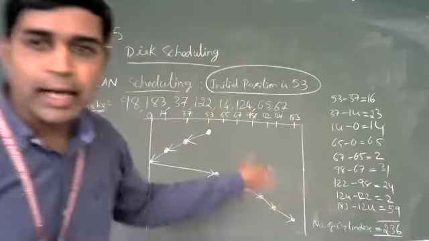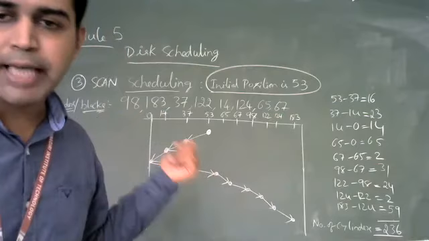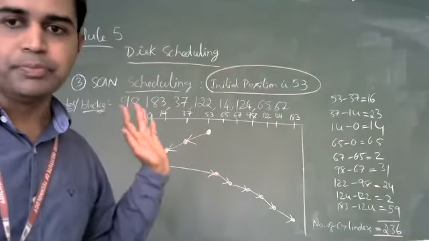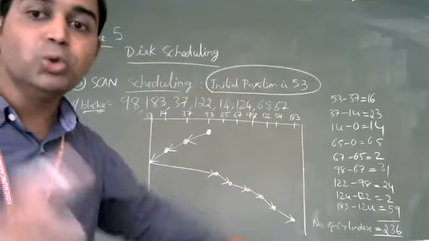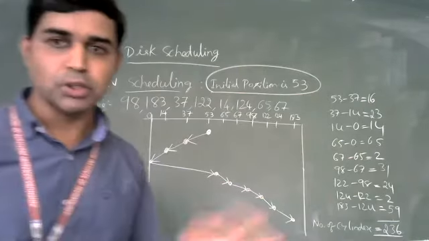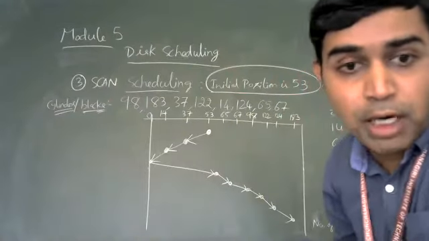Okay, so that is the answer for your problem. This is the third algorithm, the scan scheduling algorithm. Using this scheduling algorithm, the number of cylinders was 236. So, clear with that?